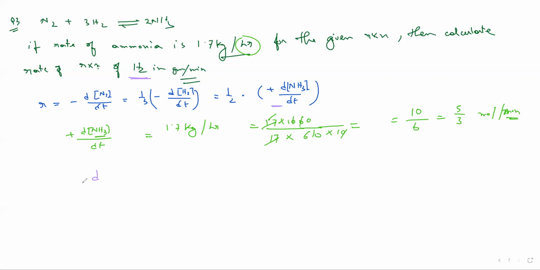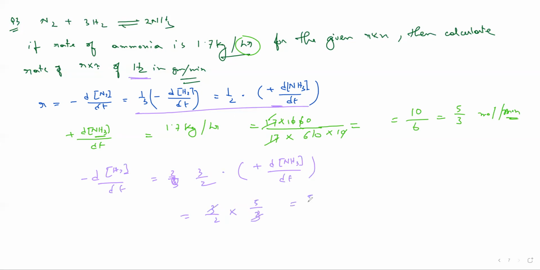Ammonia is given, so minus d of H2 by dt equals 3 by 2 into d of NH3 by dt, by cross multiplication when you compare these two. This value is given, 5 by 3. So what do you get? 5 by 2 mole per minute.